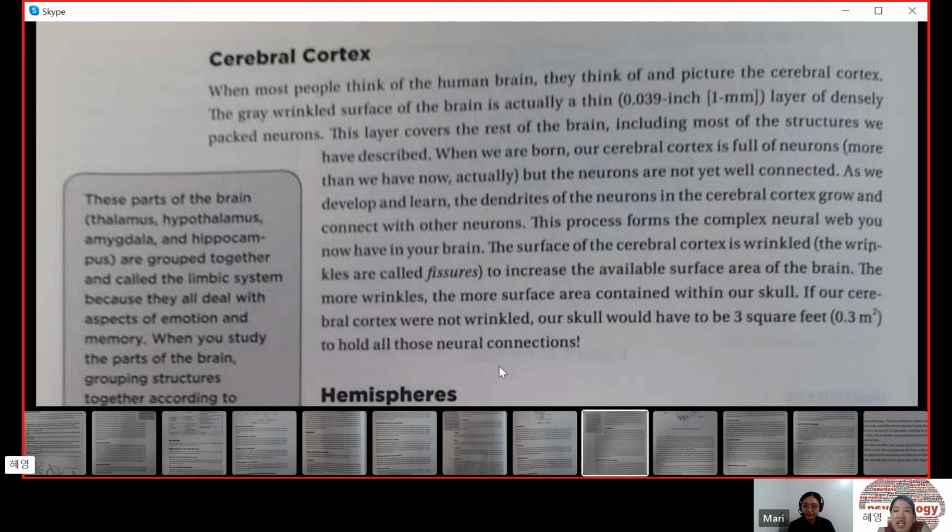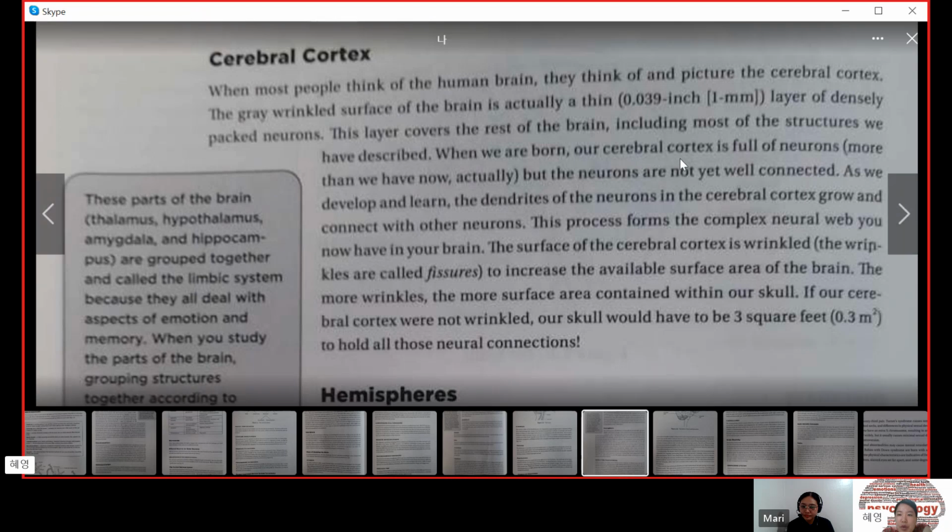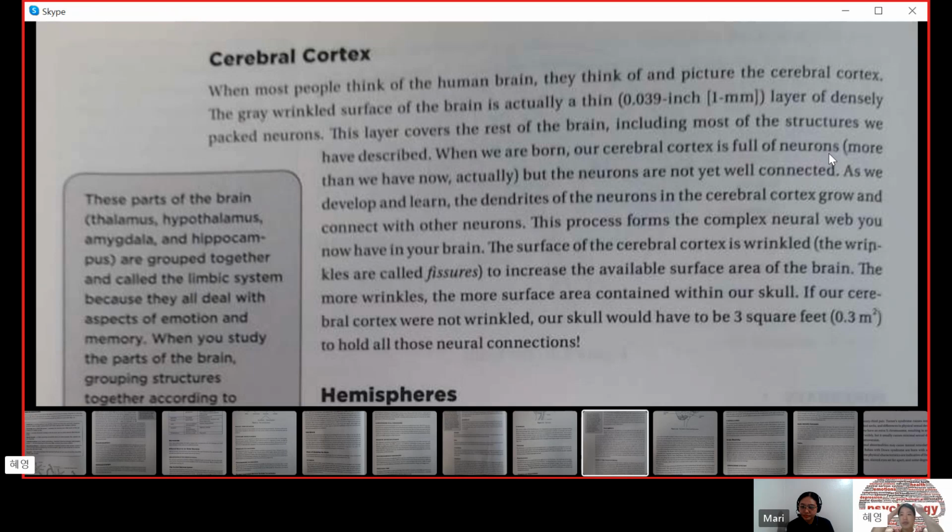It is actually a thin layer of densely packed neurons. There are hundreds of thousands of neurons here. This layer covers the rest of the brain, including most of the structures we have described. When we are born, our cerebral cortex is full of neurons, more than we have now actually, but the neurons are not yet well connected.